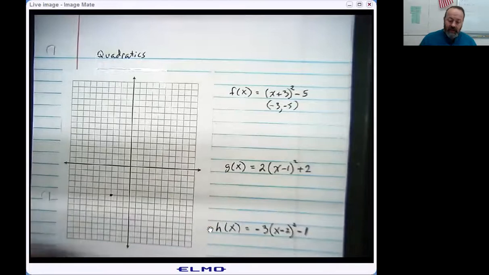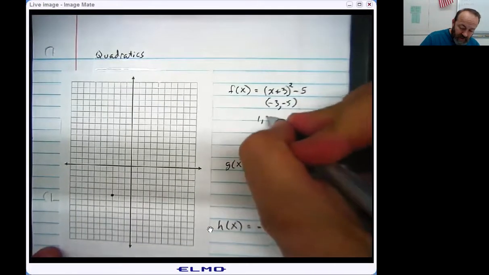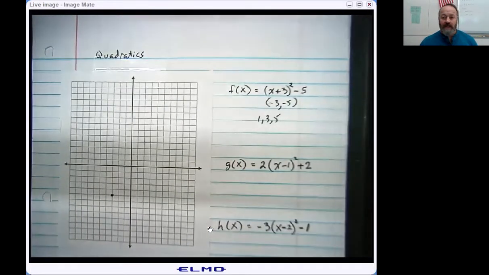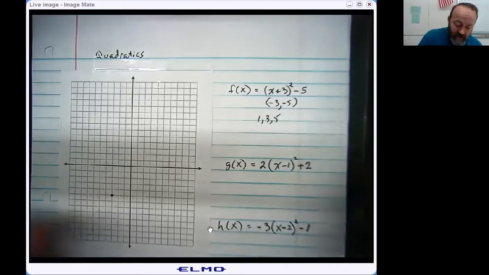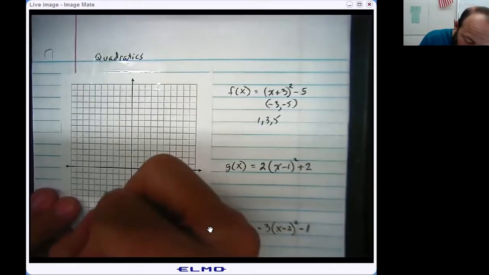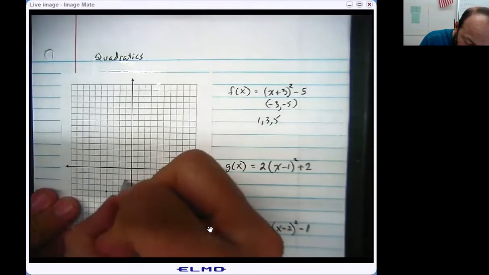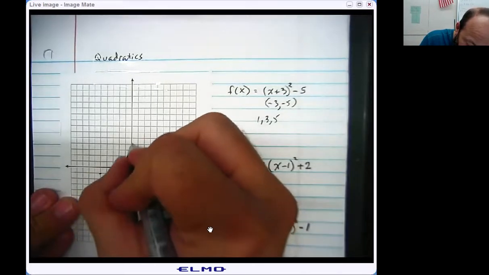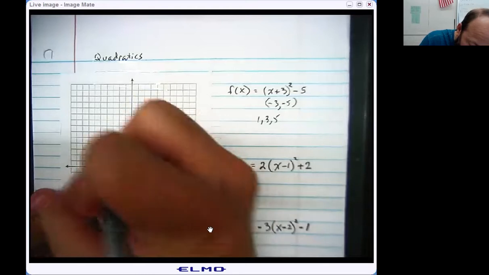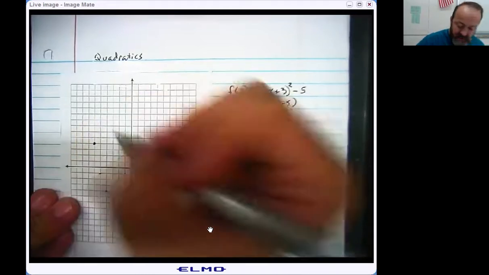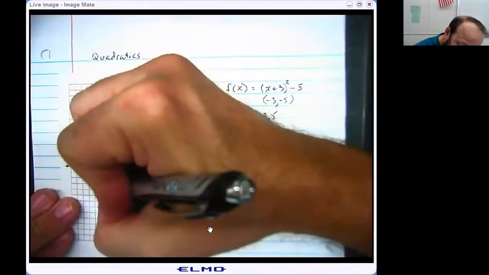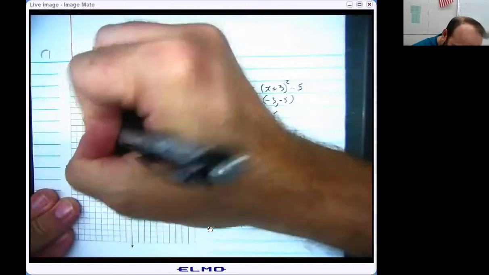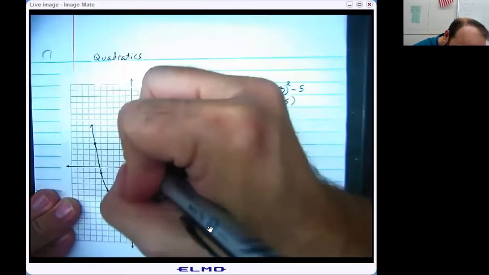And from that place, I think most of our teachers taught the nice little 1, 3, 5 pattern that is embedded within quadratics. So if we went over 1 up 1, over 1 up 3, over 1 up 5, with that little piece of data we have a pretty substantial amount of information that makes it pretty easy to make a nice graph.